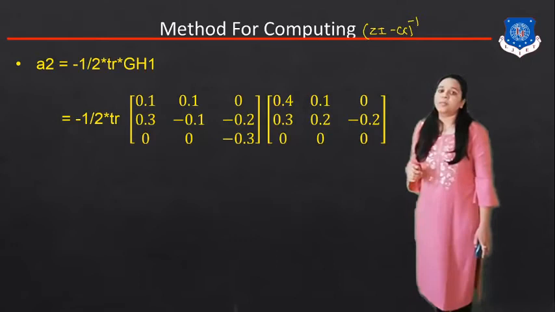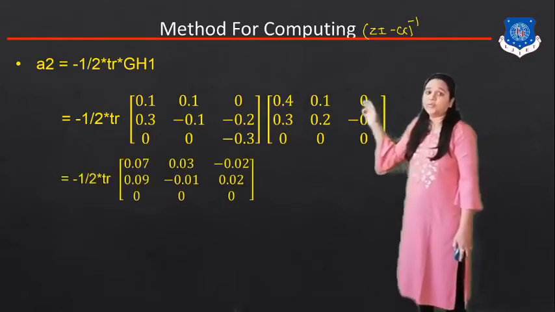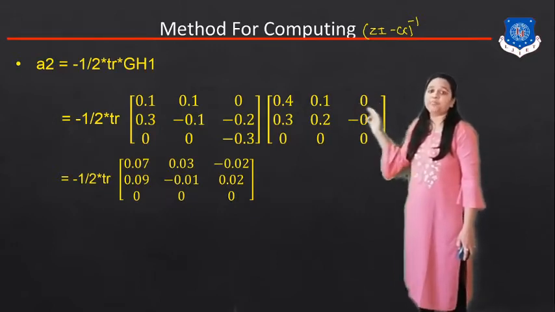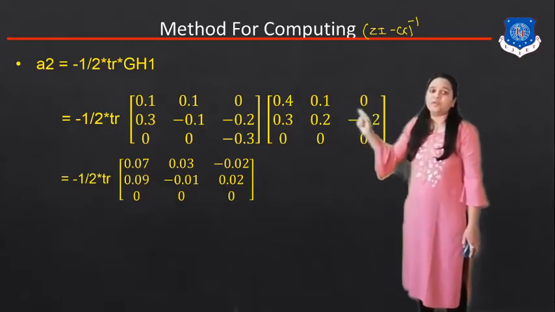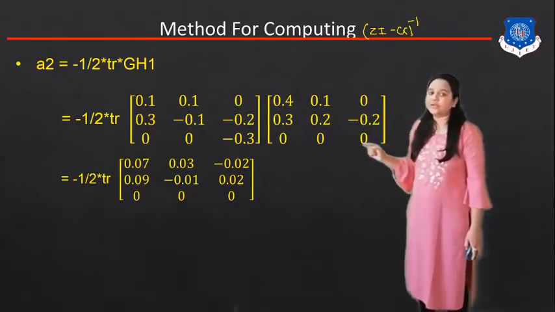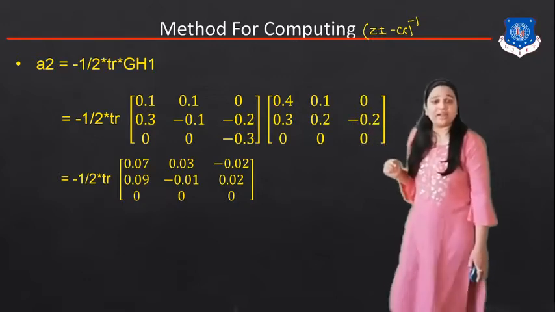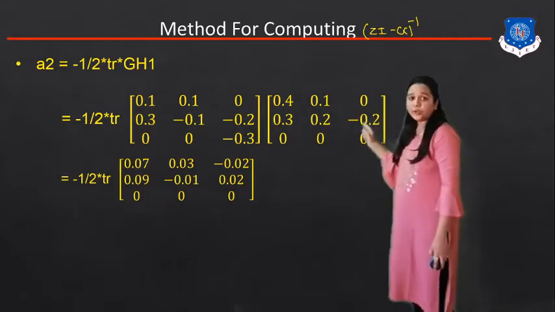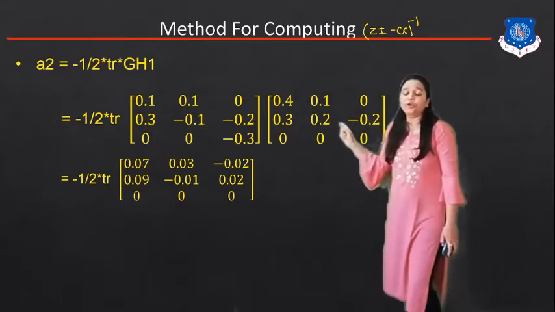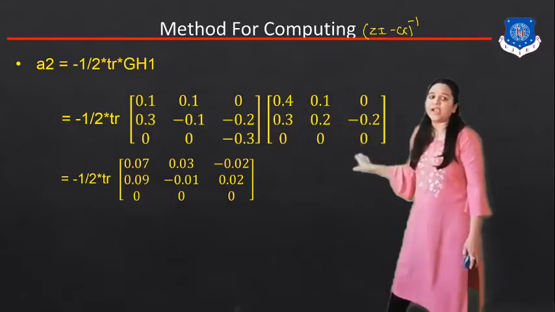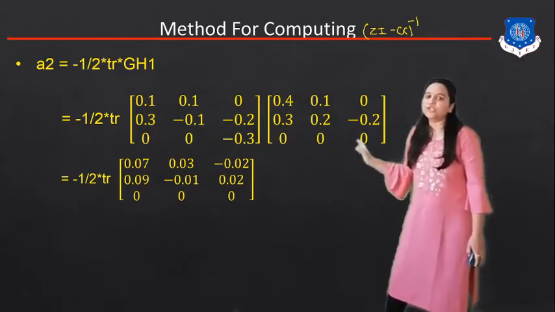G and H1, so what is the answer? Minus 1 by 2 into the trace as it is, and here we have the multiplication of G, 0.1, 0.1, 0, 0.3, minus 0.1, minus 0.2, 0, 0, minus 0.3, with H1, 0.4, 0.1, 0, 0.3, 0.2, minus 0.2, 0, 0, 0. We have multiplied these two matrices and we get the answer 0.07, 0.03, minus 0.02, and you calculate the rest of the matrix like this: 0.09, minus 0.01, 0.02, 0, 0.